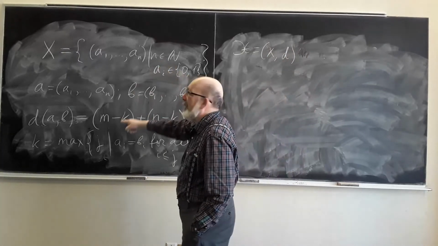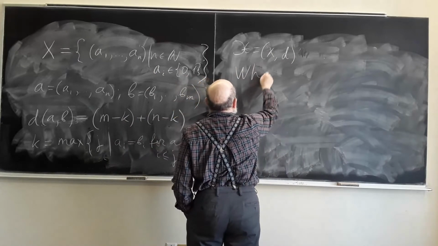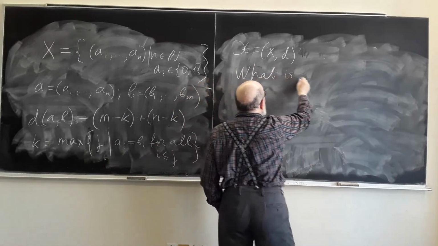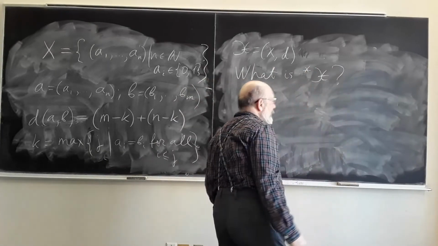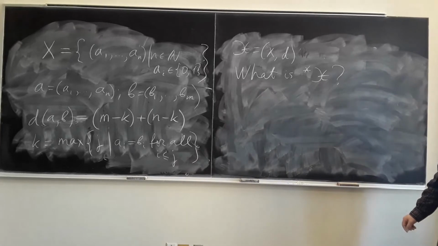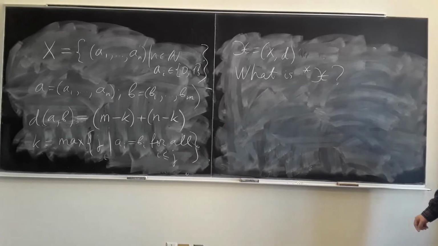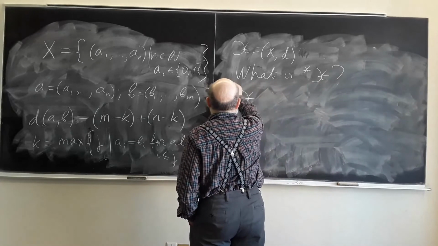Here is x and here is d. What is the asymptotic space? First of all, we have to follow our definition.